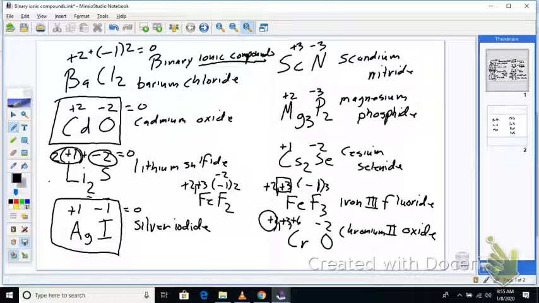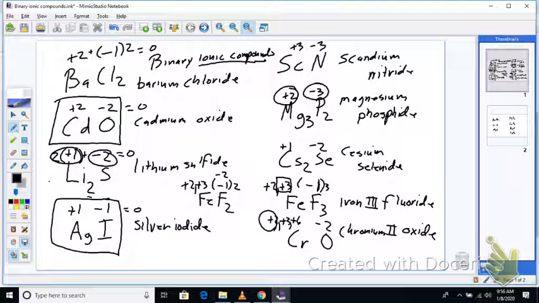Let's go back up to this one, because this one's kind of unique. Does everybody see why there's a 3 subscript here? There's a -3 here. So here's the deal. If you have a +2 and a -3 hooked together, this is the most difficult one you have to do, which isn't very difficult.